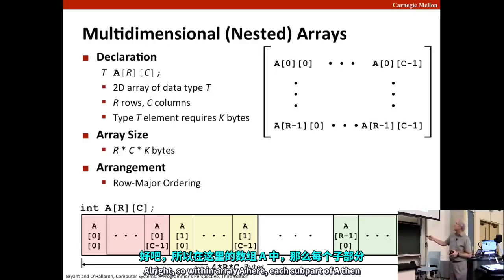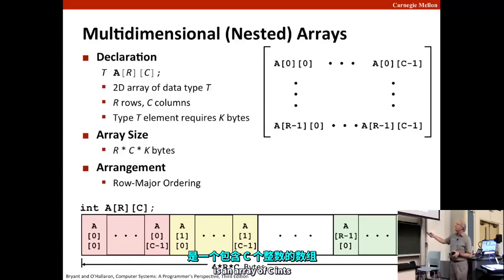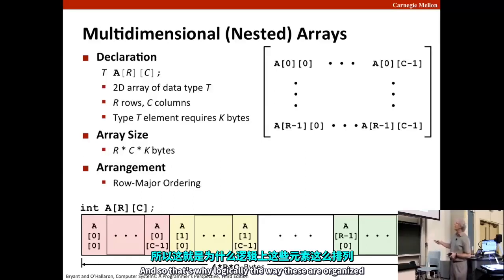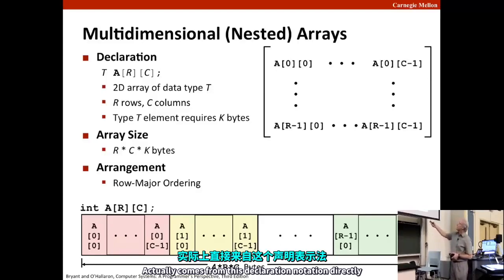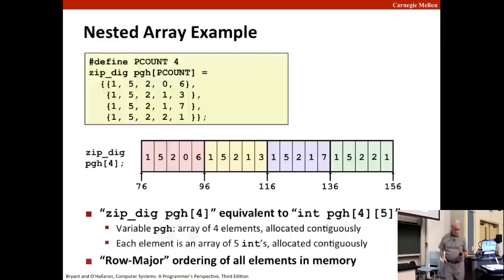Right, so within array A, each subpart of A is an array of C ints. And so that's why, logically, the way these are organized comes from this declaration notation directly. And we'll see examples of that.